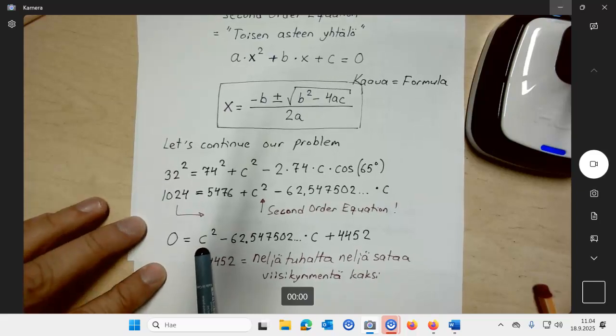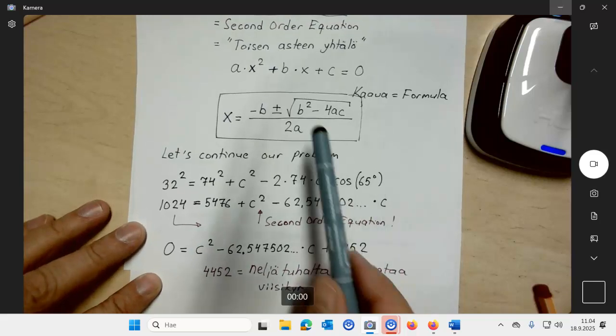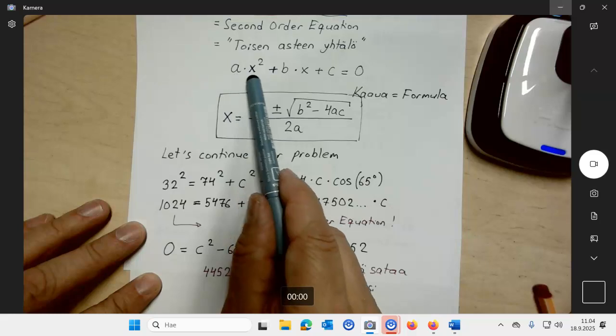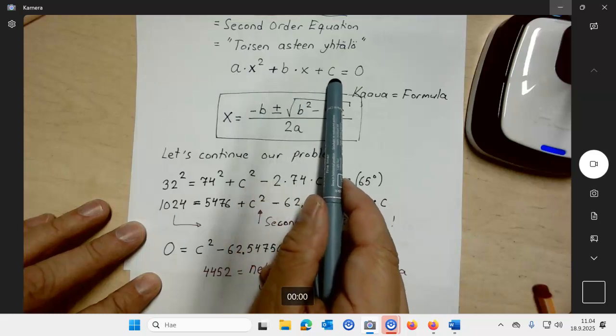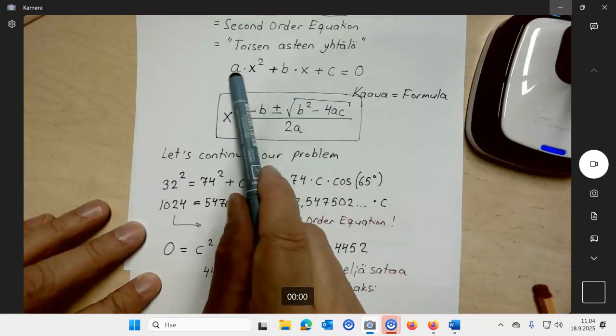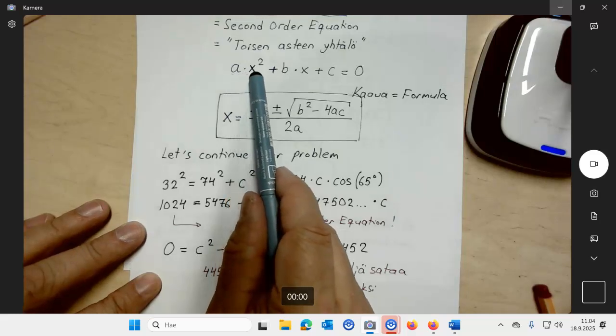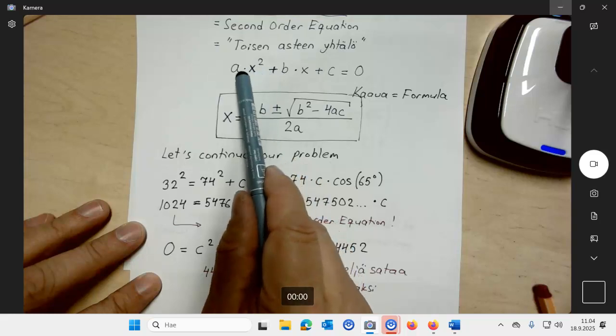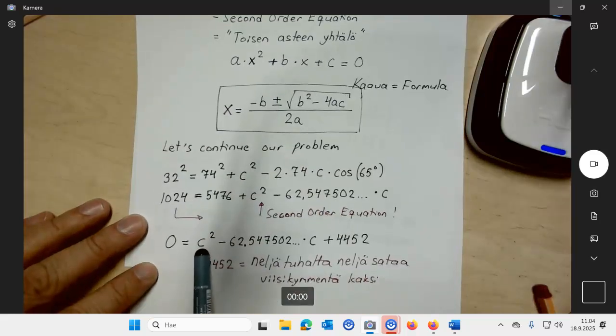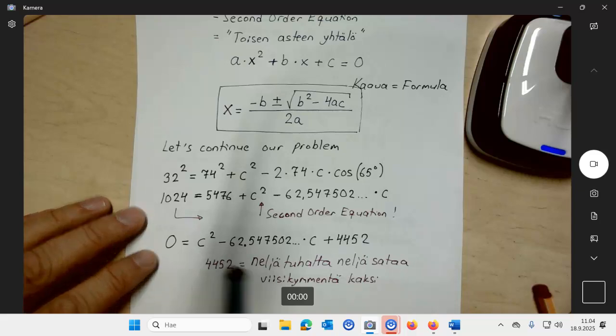Now we have this second order expression here, written like this. So we have a in front of that unknown which is squared. In this case, what is the value of a in our problem? 1. Yeah.